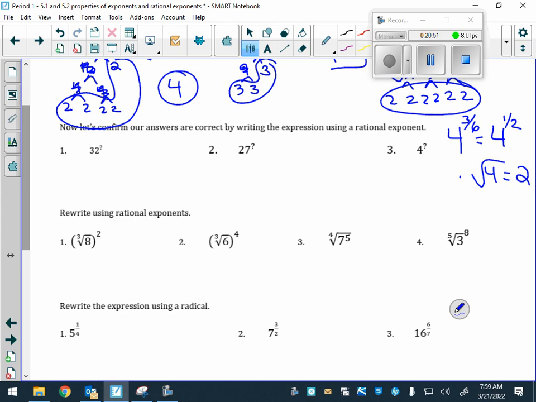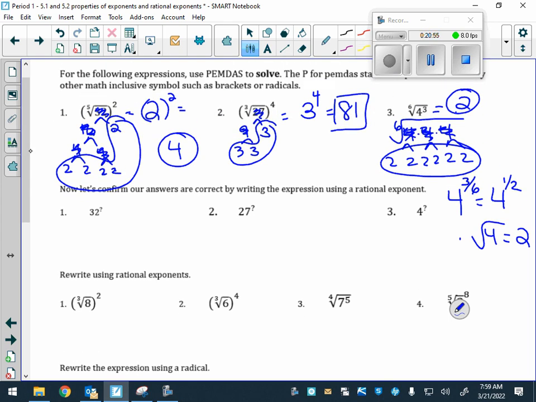So now let's confirm our answers by writing as a rational exponent. So the fifth root of 32 squared, how would I write that as a rational exponent? 32 to what power? 2/5. Now if I see this, this means the fifth root of 32 squared, which is 4.